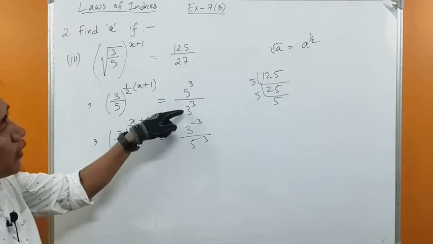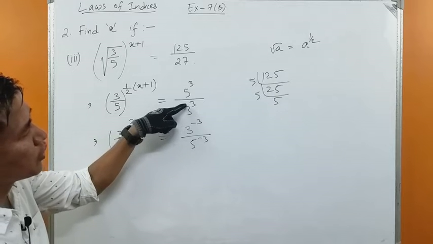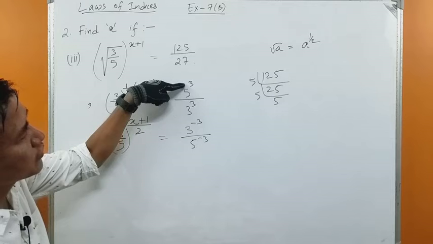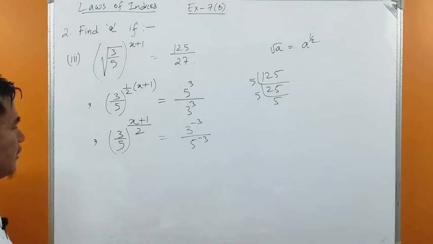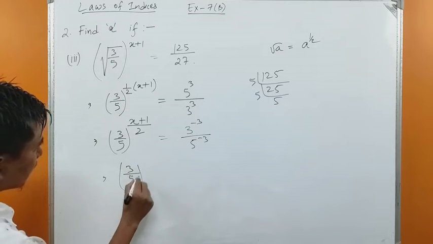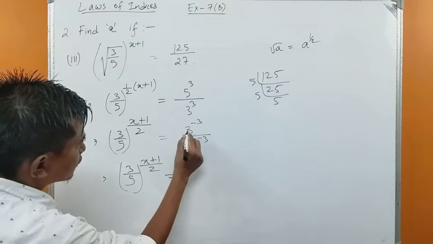When you take this number to the numerator, the sign of the power changes from plus 3 to minus 3. Similarly, the power of 5 is plus 3. If you take this number to the denominator, the power plus 3 changes to minus 3. Now we have 3 upon 5 whole to the power x plus 1 upon 2 equals to this 3 upon 5.